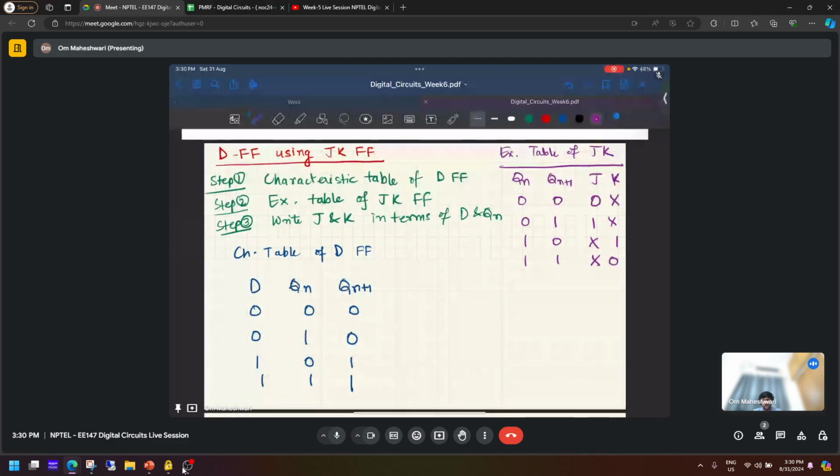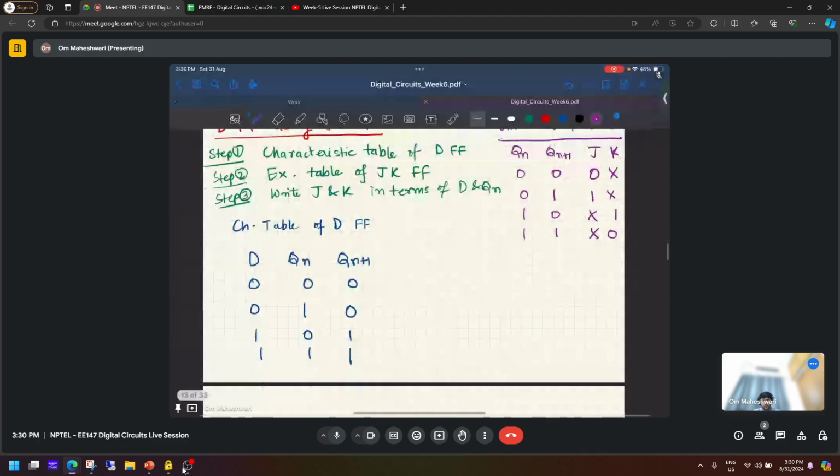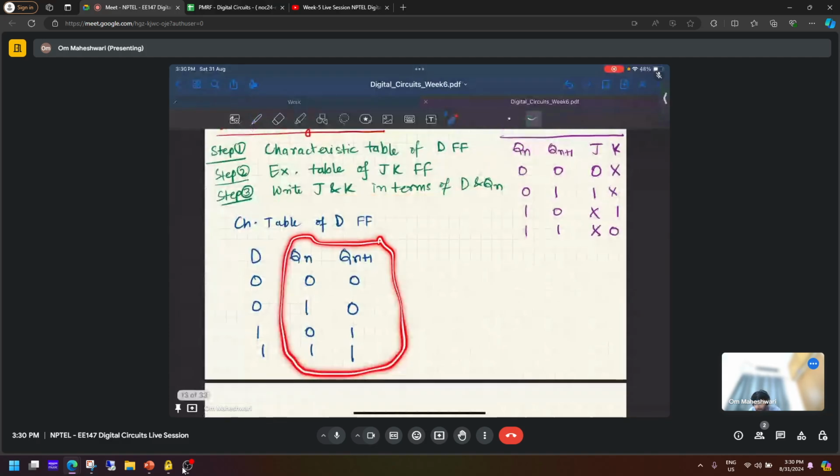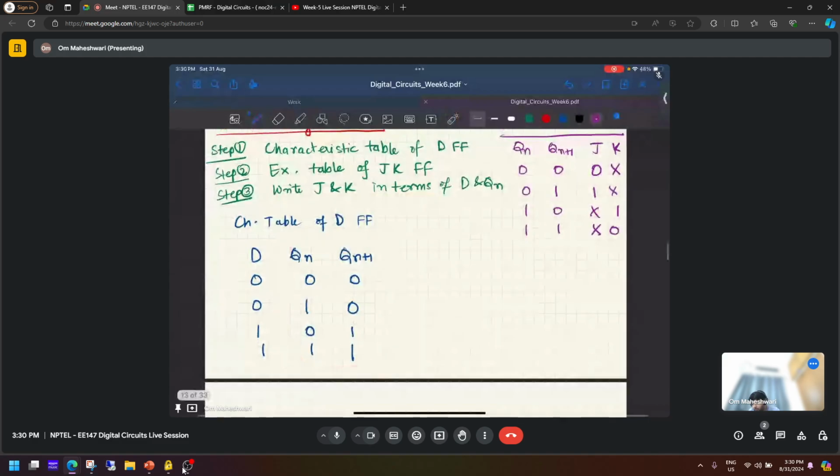Now the third step says write J and K in terms of D and Qn. So we take these inputs and write J and K here. When both are 0, 0, this is 0 cross.